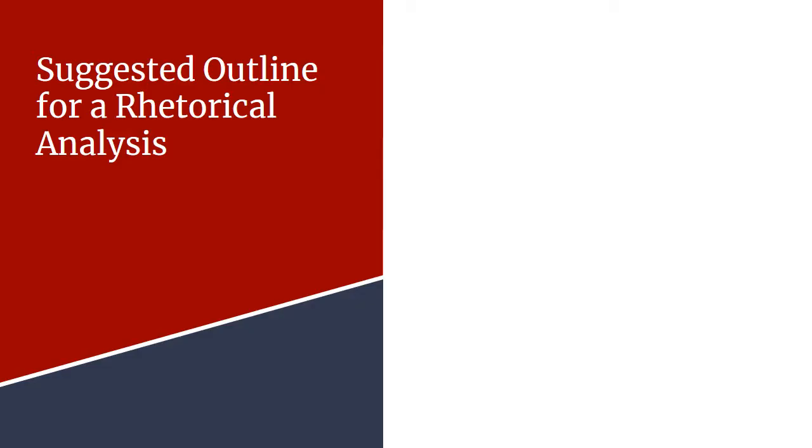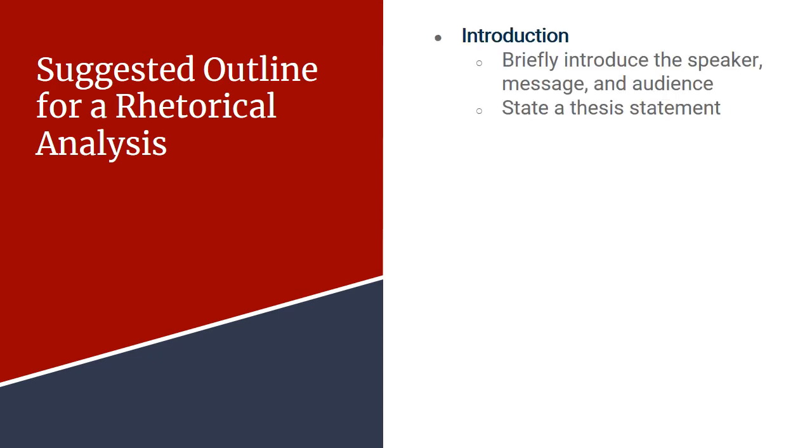So here is a suggested outline for your rhetorical analysis. You want to start off with an introduction. And in the introduction, you'll briefly introduce who the speaker is, what their message or their thesis is, and who the audience is. Then you will state your own thesis statement.